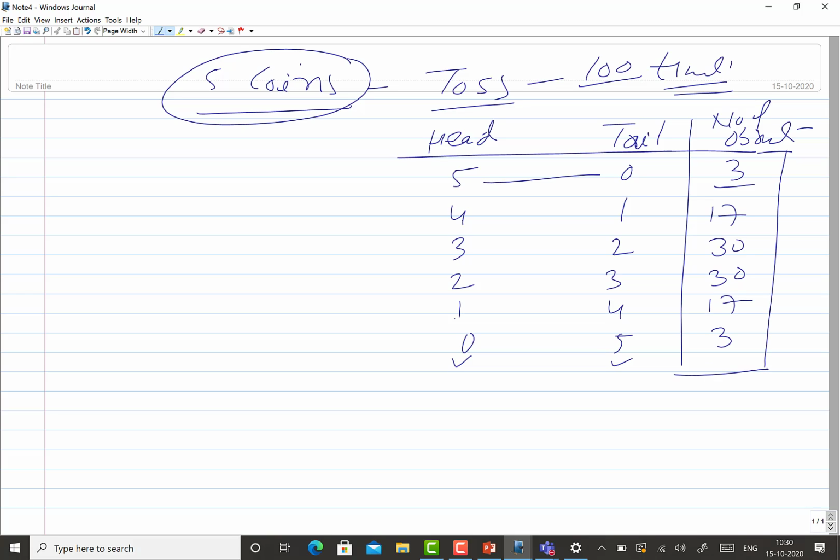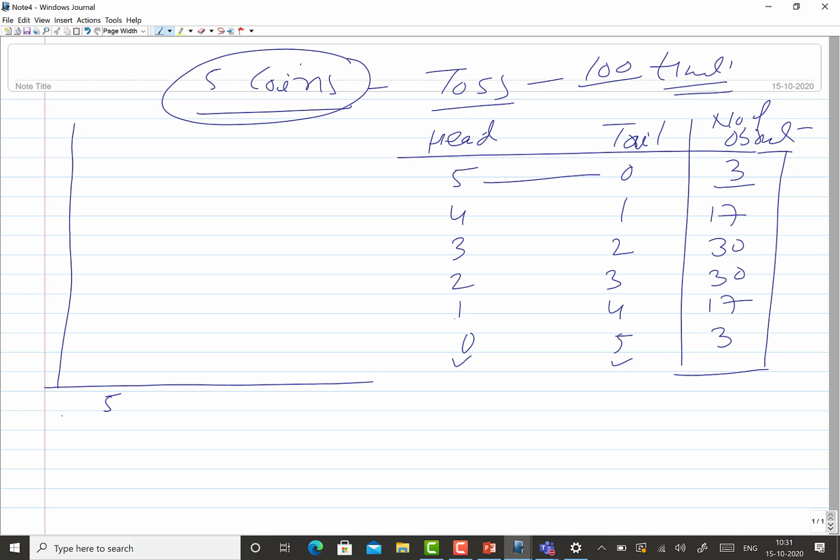Since we are doing the toss just 100 times with 5 coins, we are trying to see the possible combinations and how many times those combinations can happen.